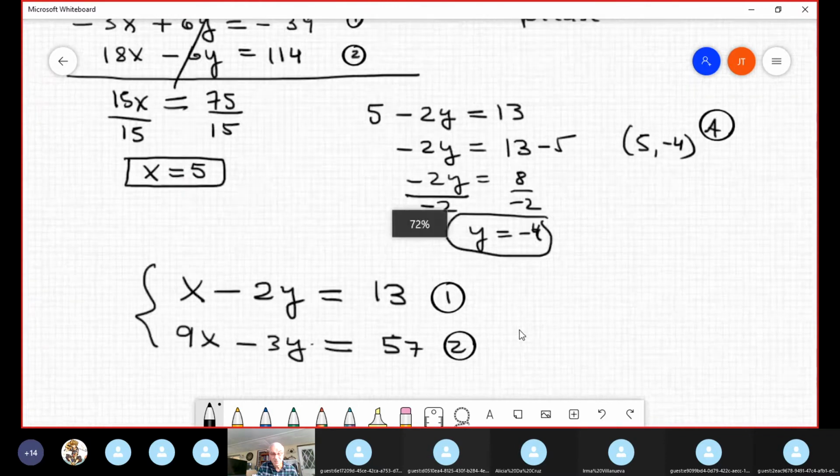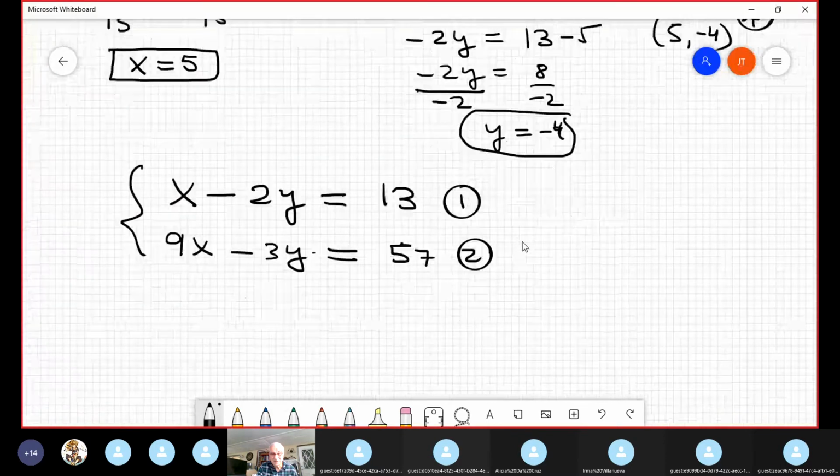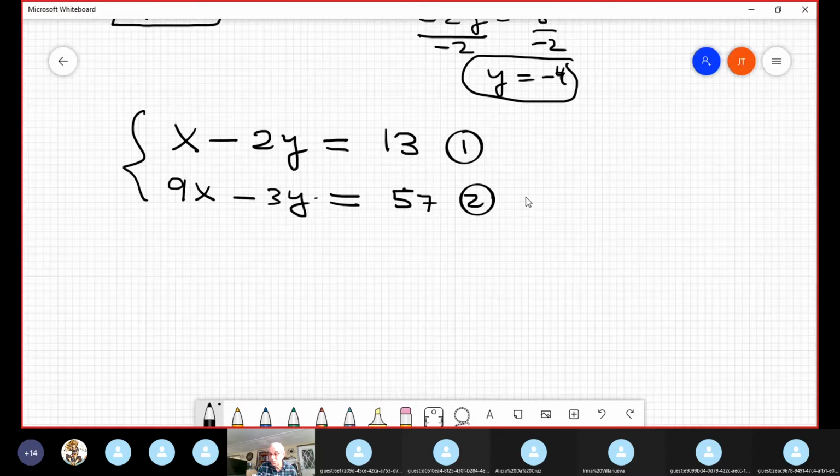This is the beauty of mathematics. Mathematics is an exact science, no? So we're doing it in a different way, and the answer stays the same. The challenge is to discover what, in your opinion, is the best way for you.